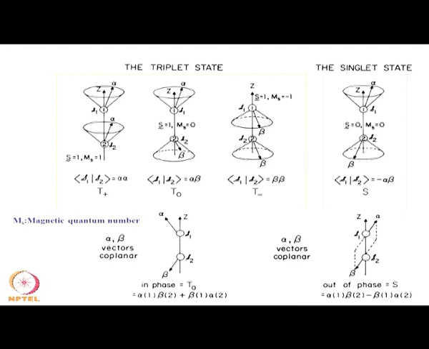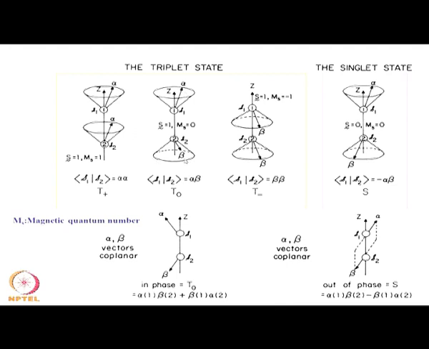So, you see that alpha alpha is called T plus, beta beta is called T minus, because the total spin projection is minus 1 for beta beta, and here for alpha alpha the total spin projection is plus 1.